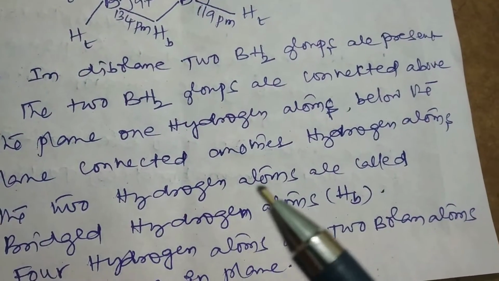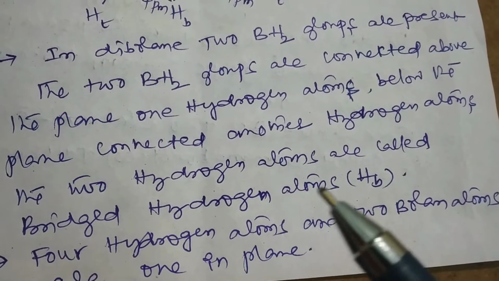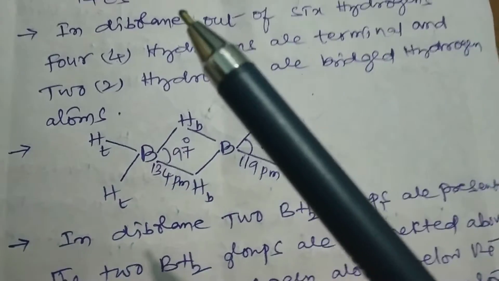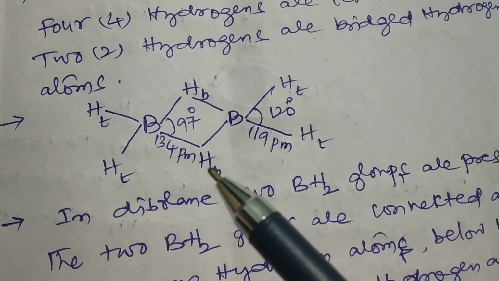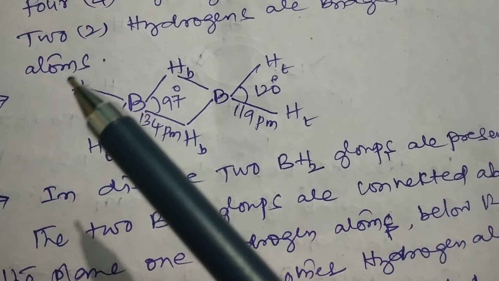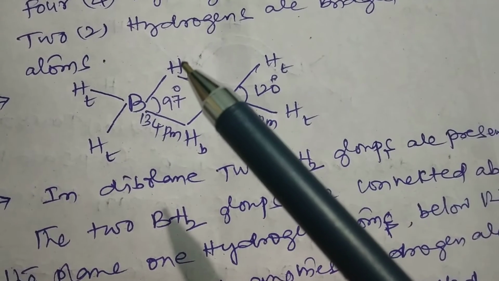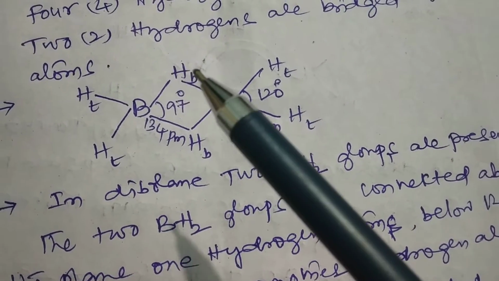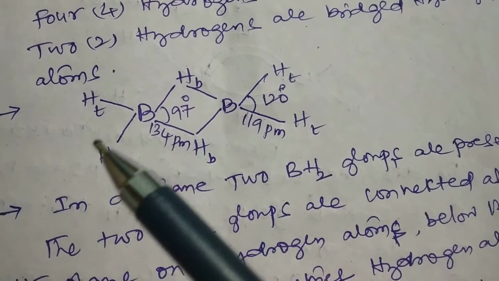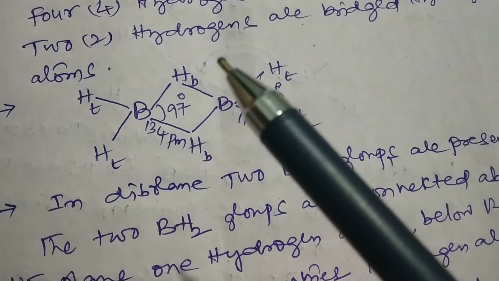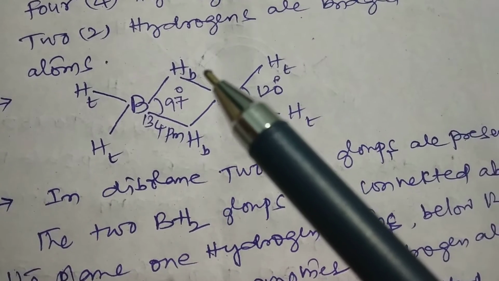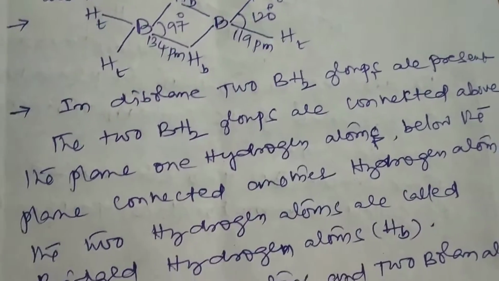The 2 hydrogen atoms are called bridged hydrogen atoms. These BH2 groups are connected above the plane and below the plane, so these 2 hydrogen atoms are bridged hydrogen atoms.